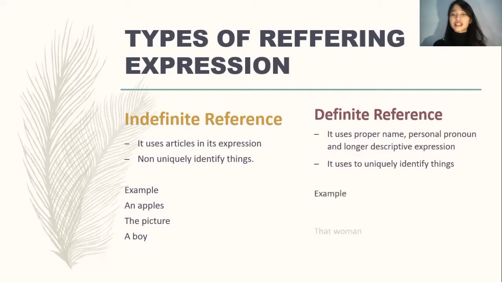For example, "that woman" includes a pronoun or determiner. "She" or "he" is included in personal pronouns. "That girl" is included in definite description. And Aina is the name of a person, which we call a proper name.